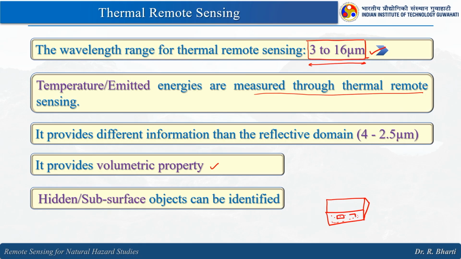If there is a metallic body or non-metallic body, that you can easily identify with thermal remote sensing. So, we will see some of the examples in the coming slides, but one thing which is very clear from these basic principles is that if you use thermal remote sensing, you can identify hidden or subsurface objects. So, one prime application could be identifying landmines, right. That is very much possible with thermal remote sensing data.